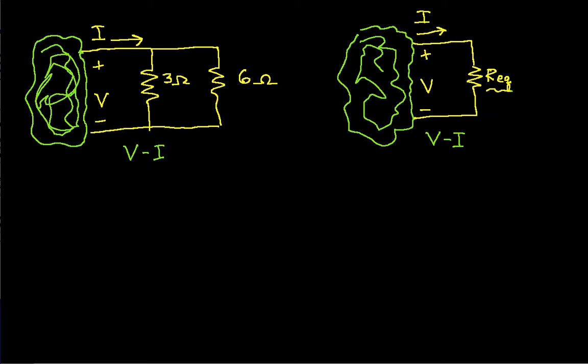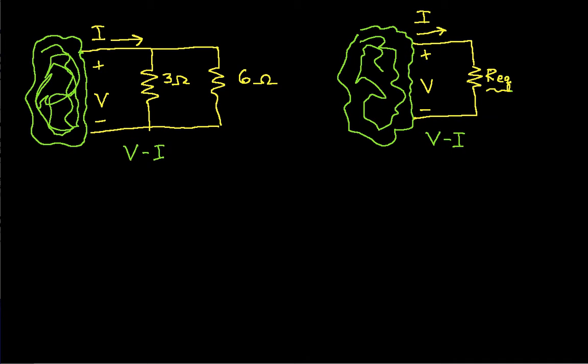What we'll do is use this example of a 3 ohm resistor and a 6 ohm resistor in parallel to develop the concept, and then we'll generalize it to two general resistors and then to more than two resistors.